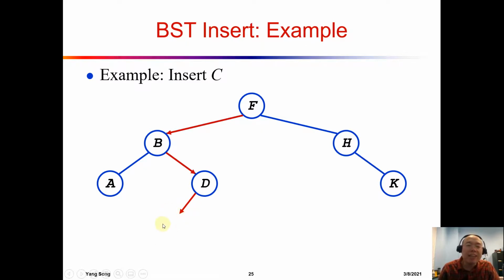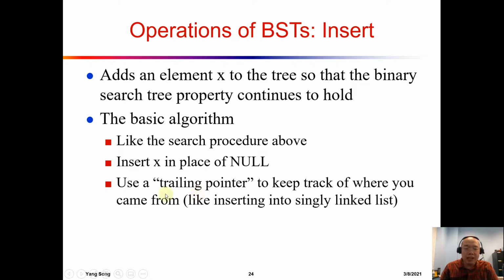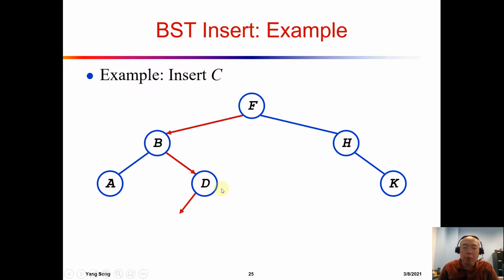We find a null on the left side of D. What does this mean? This is the place to insert C, but we have a problem. Our cursor points to a null, but where are we inserting? We are inserting to the left subtree of D, right? That's the reason we want a trailer pointer, because our current pointer will follow this path, and then we will get a null.